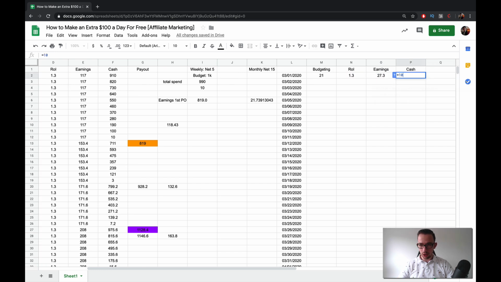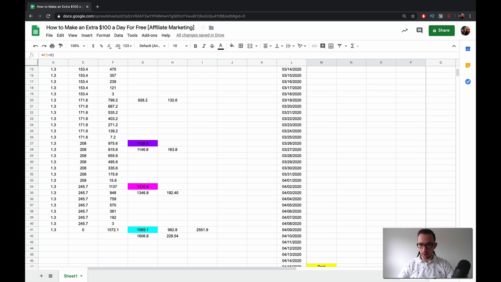Cash is 1,000 minus 21, right? So this would all be stable. So if I pull it down one, okay, this is this minus this. Can I pull that down? Yes. Everything else is the same.